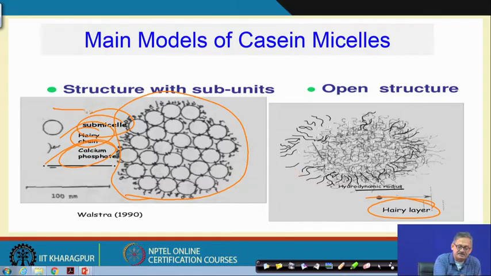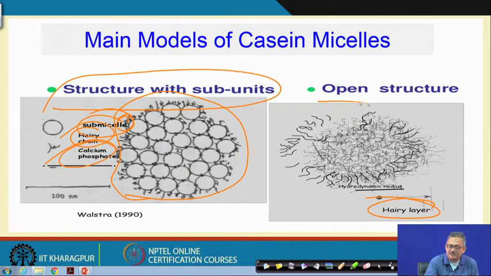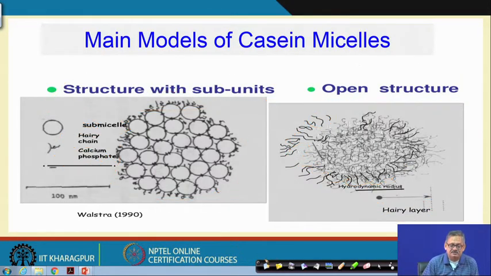This is called the structure with subunits, and this is called the open structure. There are n number of similar models, and as it appears, it is very complex, right. I have given some references also, so that we can cross refer if required.